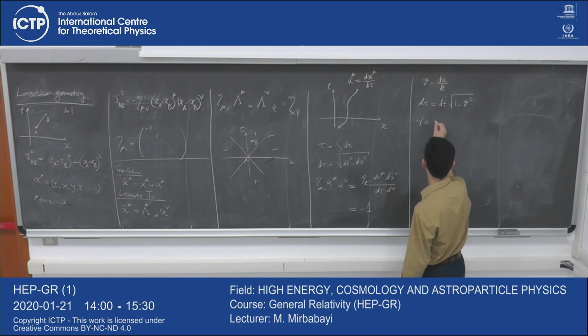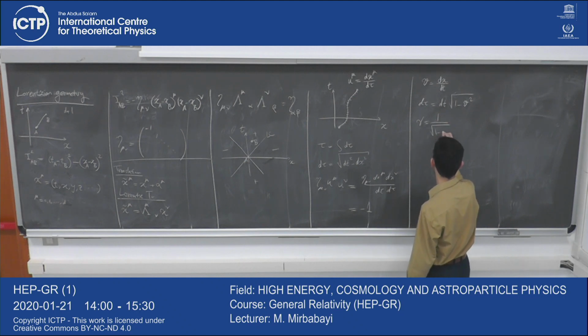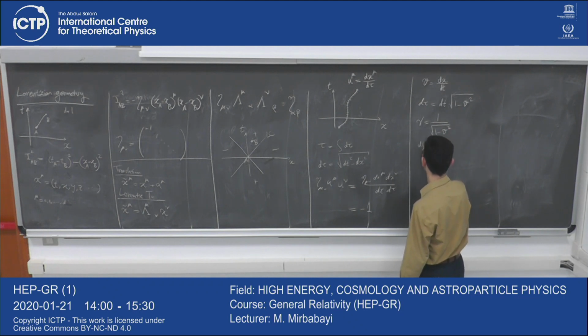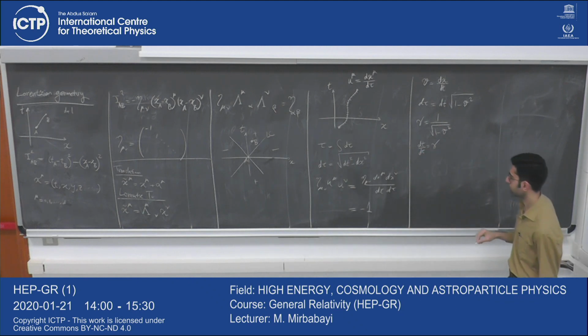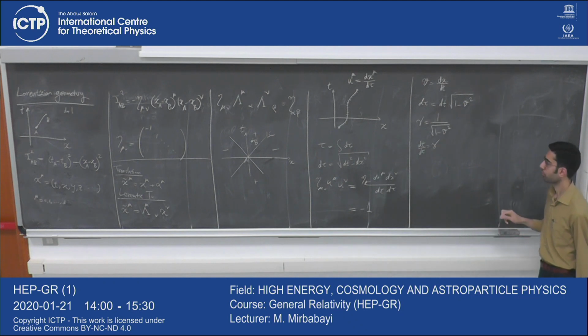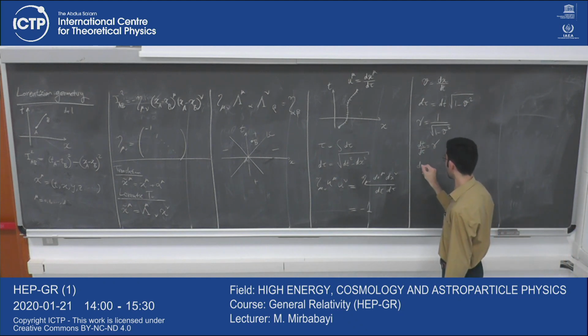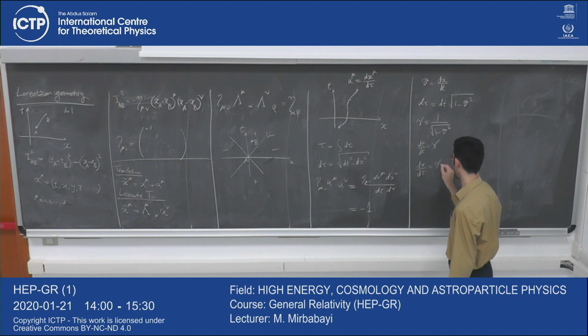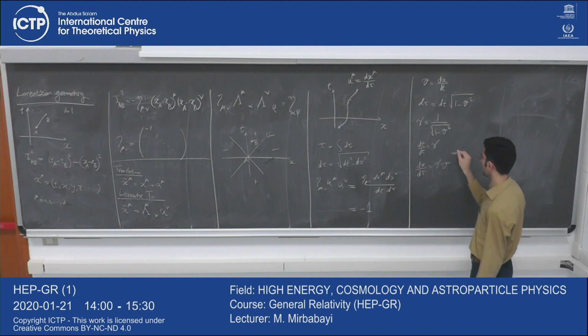So we define γ, the Lorentz factor, as 1 over the square root of 1 minus v squared. And in terms of the Lorentz factor, dt/dτ is equal to γ, and then dx/dτ is equal to γv, which means that u^μ, or here the 2-velocity, is the following 2-vector, (γ, γv).